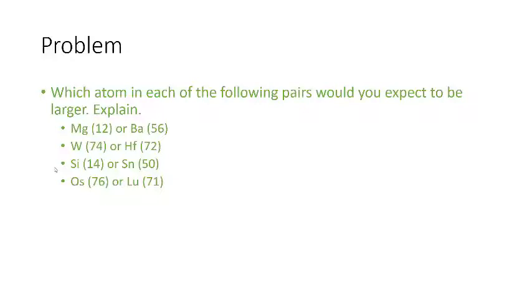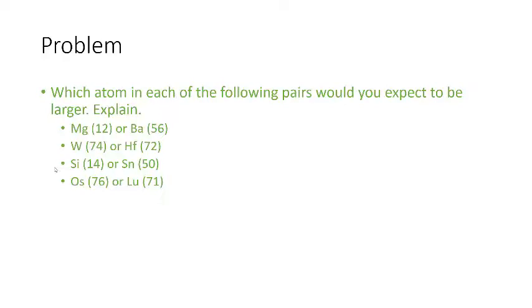Silicon is number 14, and if we look at tin, which is number 50, the same sort of justification applies. They both have the same effective nuclear charge of 4, but tin has a larger energy level than silicon, so tin will be larger.